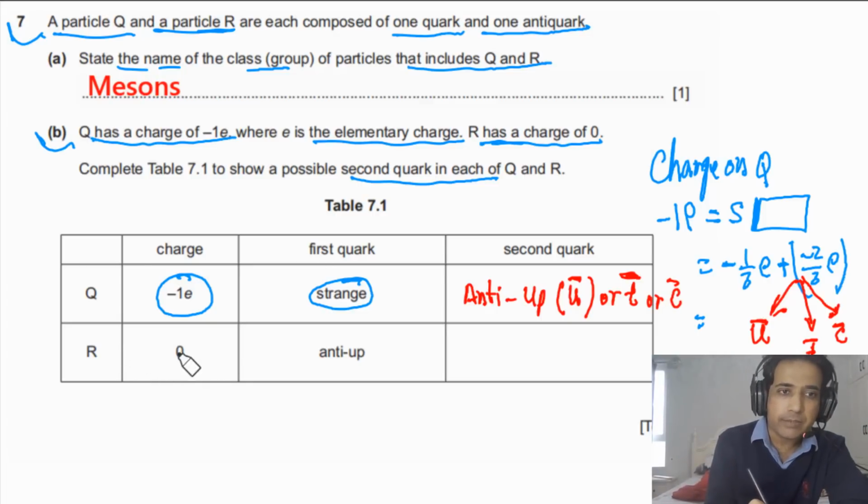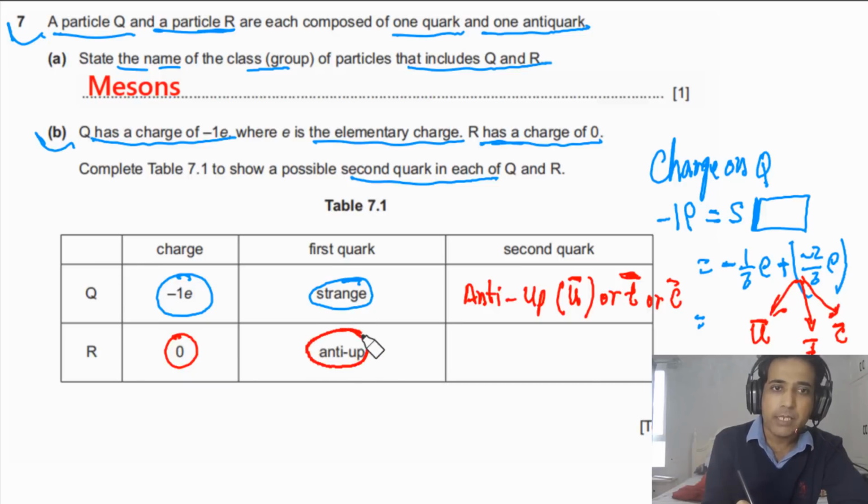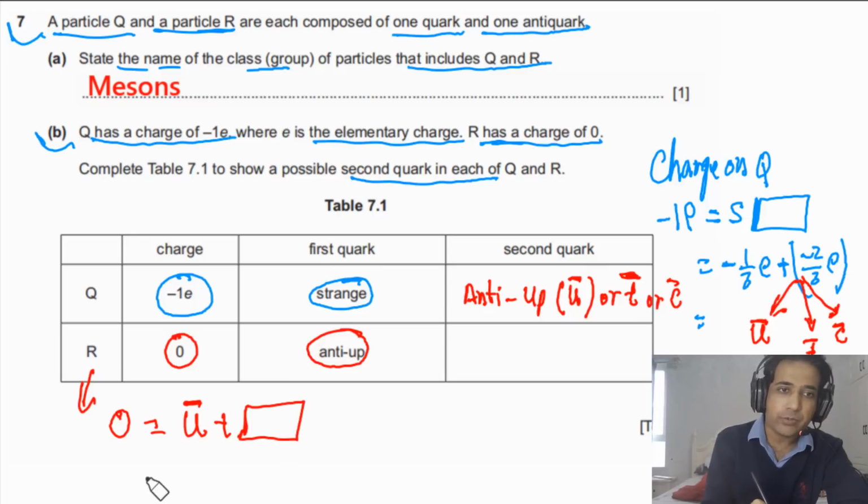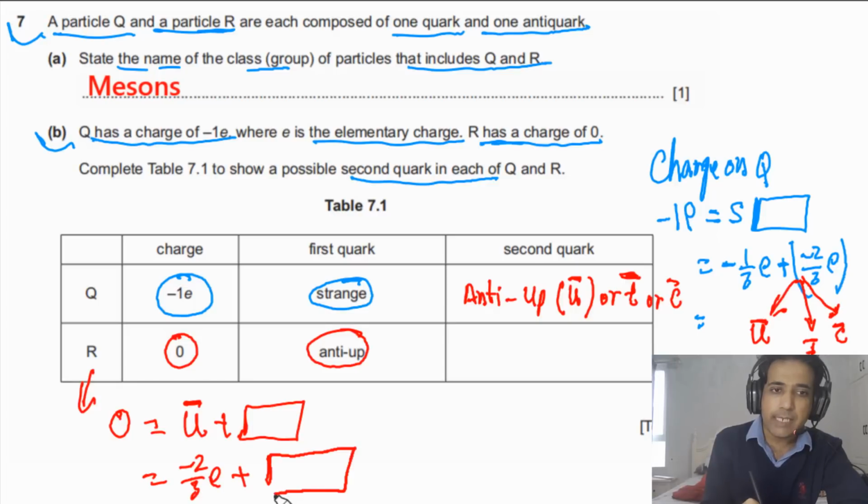Now for the second particle, R, the charge is equal to 0, and one particle is an anti-up quark. As the charge on the anti-up quark is -2/3e, the charge on the second particle should be +2/3e.